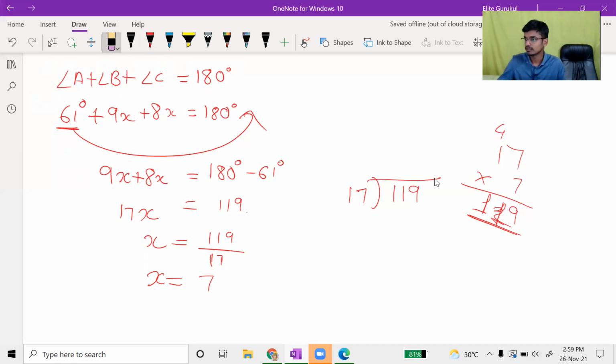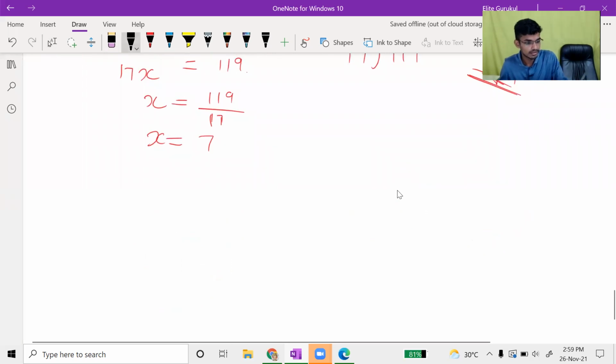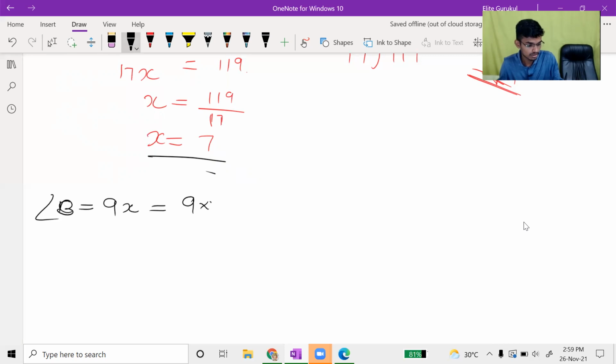Okay, once you got this x is equal to 7, then we have to find angle B and angle C. Angle B is equal to how much? 9x, right? Which will be 9 into 7. 9 sevens are how much? 63.